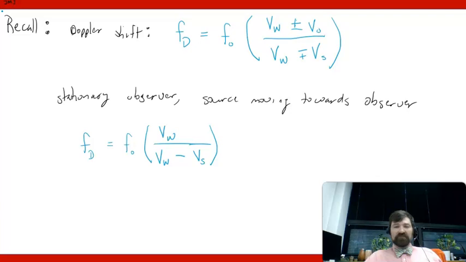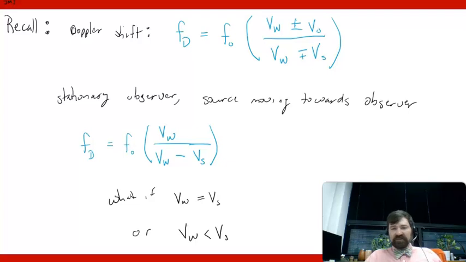So positive, positive, positive, there's a subtraction here, and we might ask, what if V wave equals V source? And for that matter, what if V wave is less than V source?